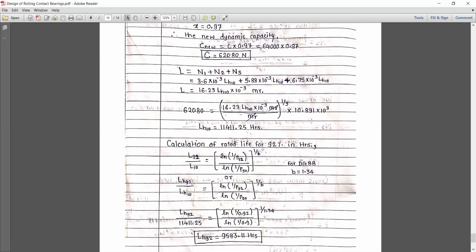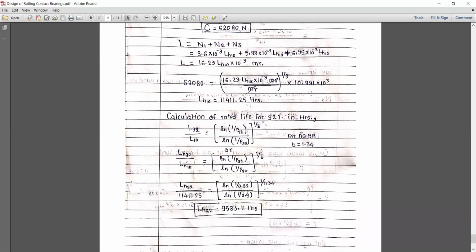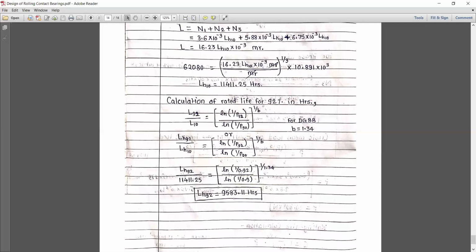Now we need to calculate the actual life for 92% probability of survival. सॉरी, जो हमने LH10 निकाला वो 90% के लिए है, अभी हमें 92% के लिए कैलकुलेशन करना है.